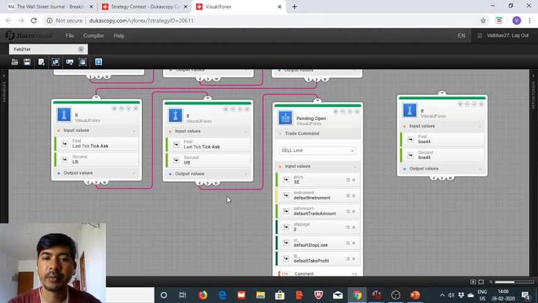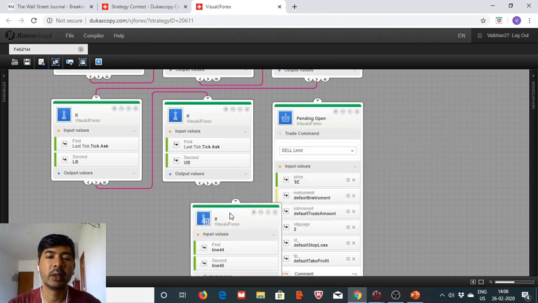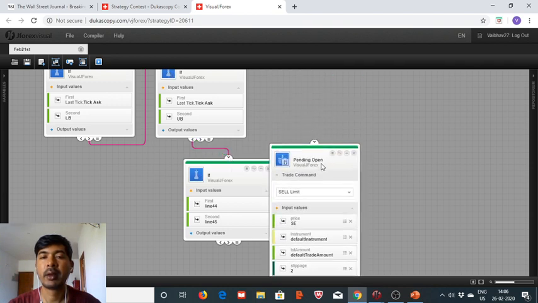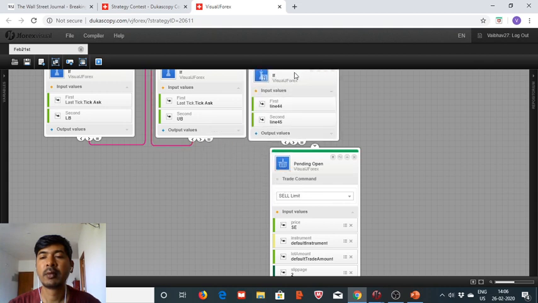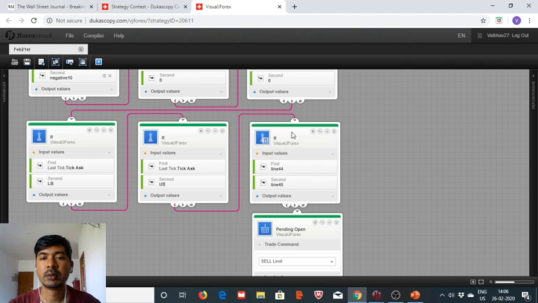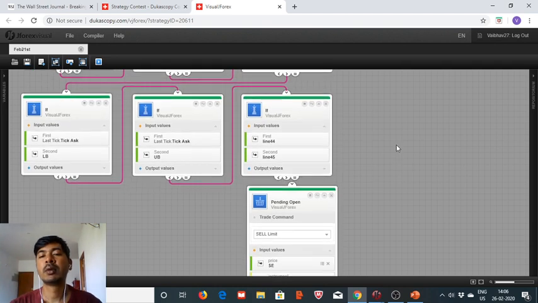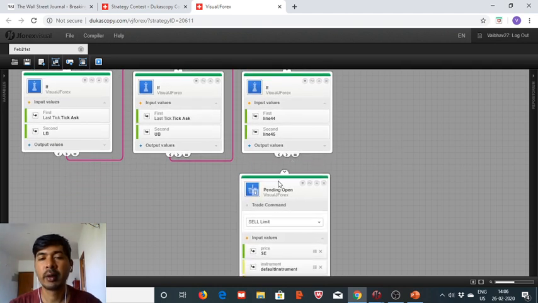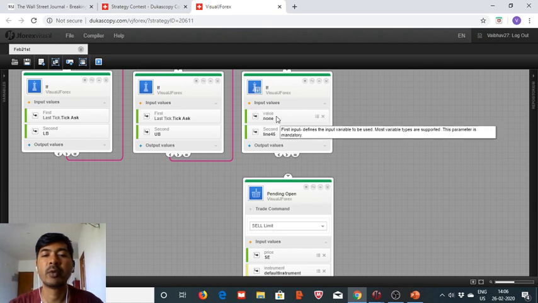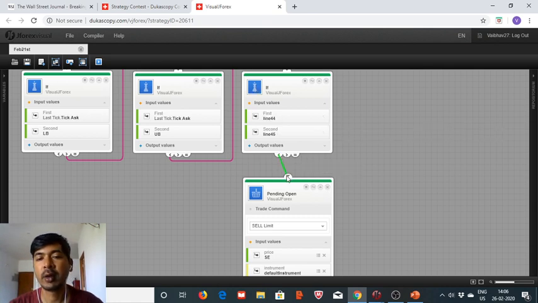And we disconnect it. Tick ask is supposed to be less than the upper band, and then we take this if block, and we require that the current SMA line 44 should be less than the prior value.